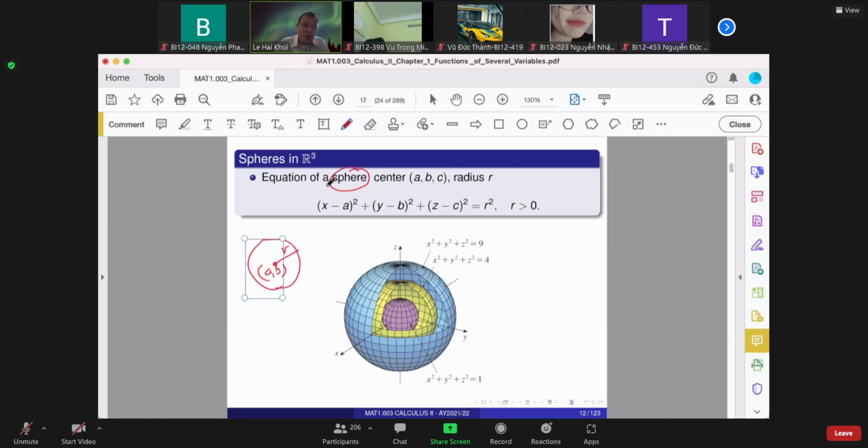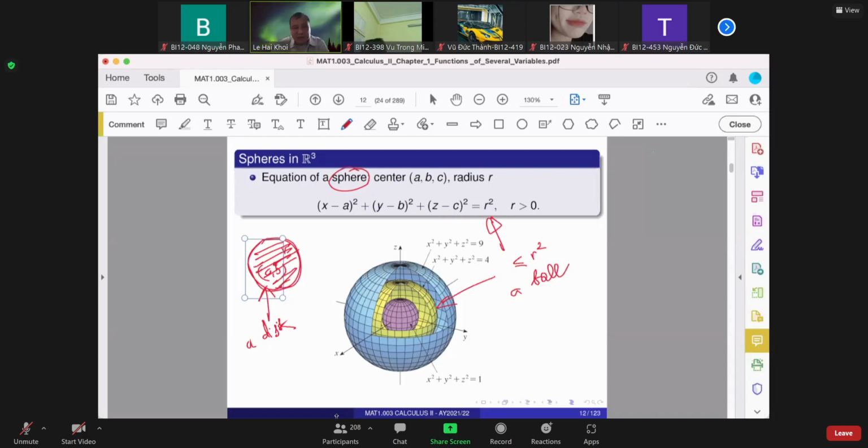Because if you talk about the inside, including the inside, in R2 you have a disk. If you look at the inside also, so then you have less than or equal to R squared, right? Then you have a ball. But here you have only the boundary, whether it is a circle or sphere.